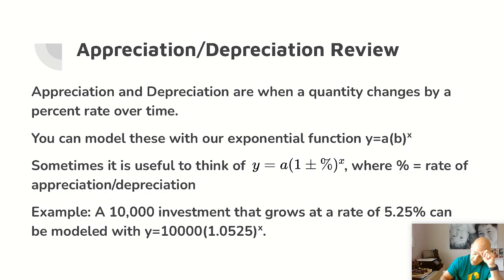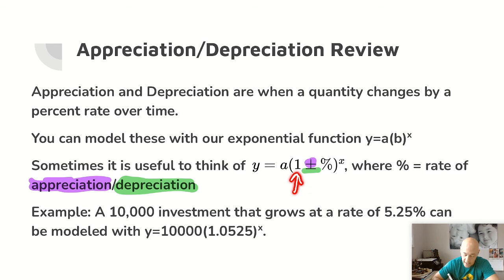And so it's important that we have the addition when it's appreciation, and we have the subtraction when it's depreciation. So we always know by looking at the sign whether it's appreciation or depreciation.